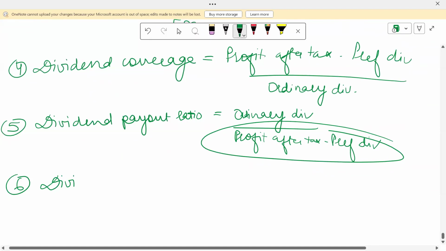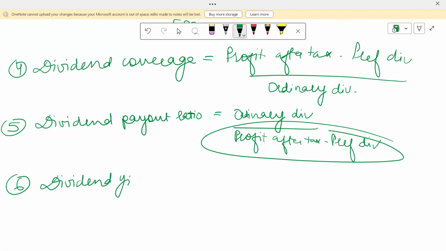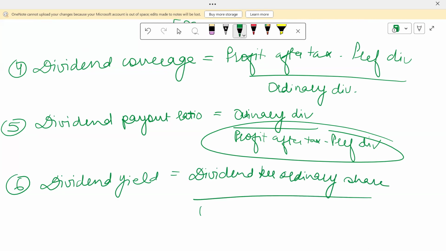Then the next one is dividend yield. Dividend yield is equal to dividend per ordinary share divided by the ordinary share price, multiplied by 100.